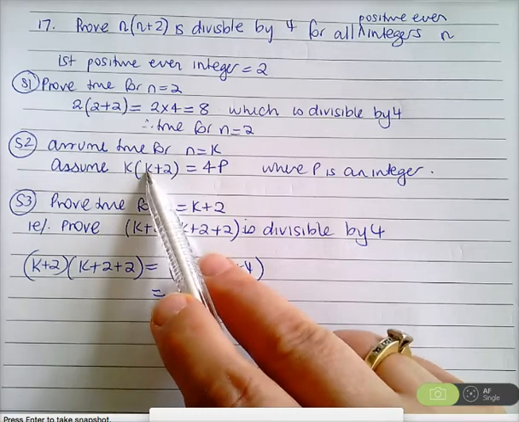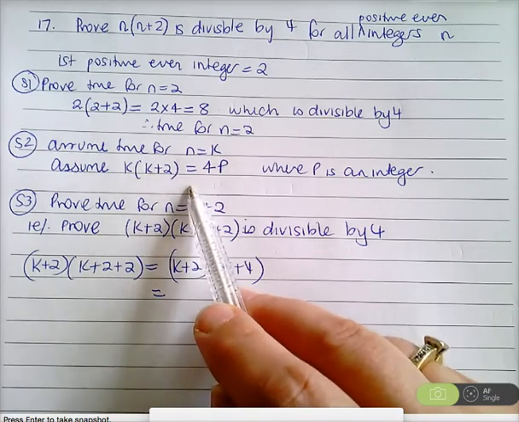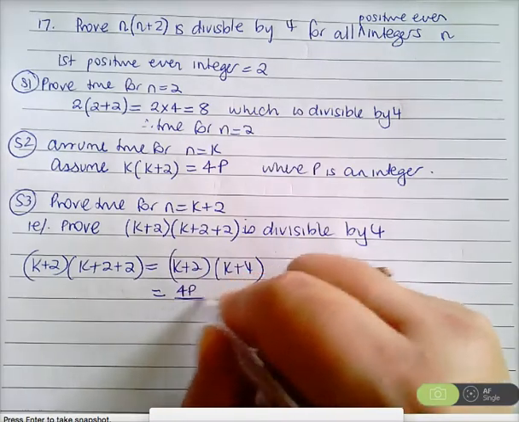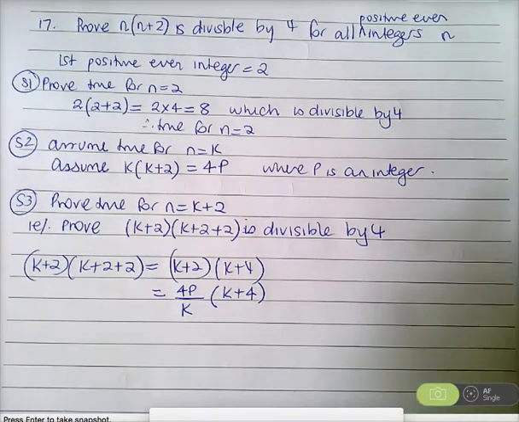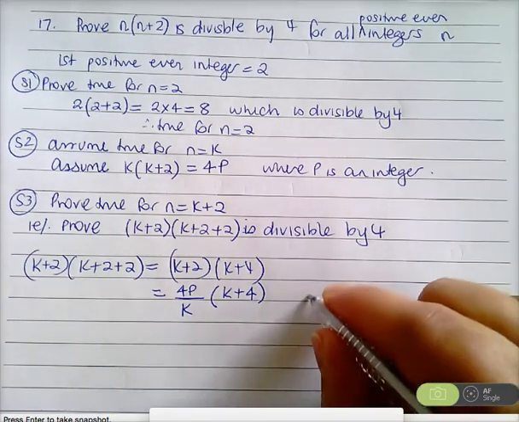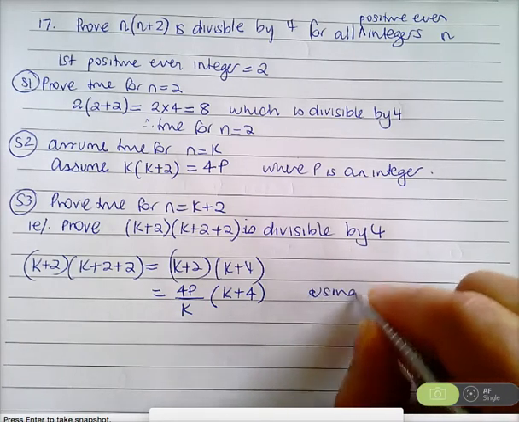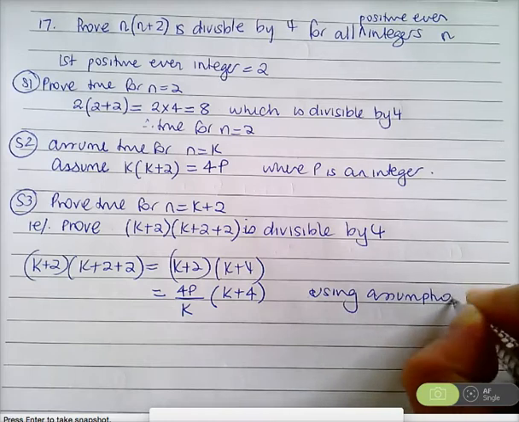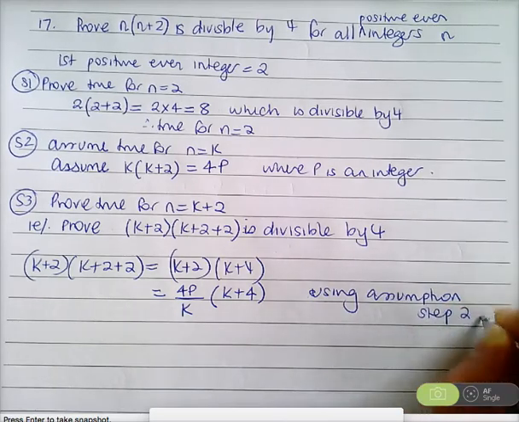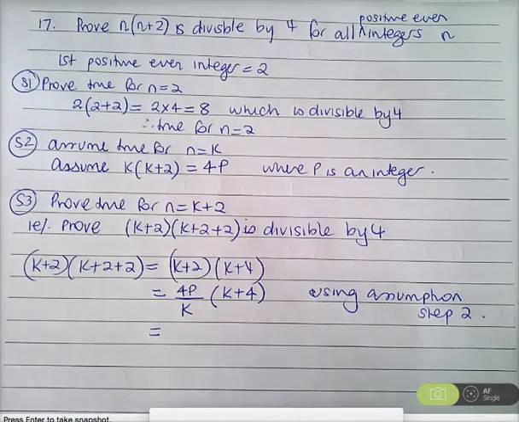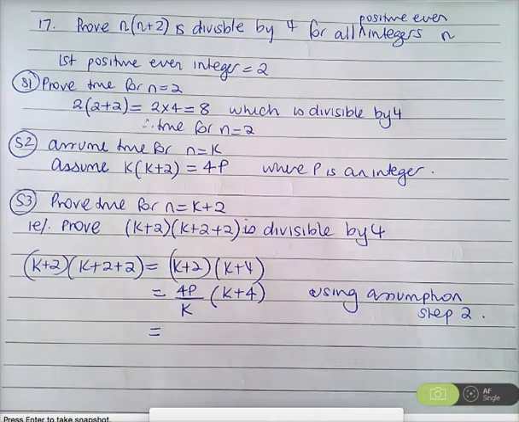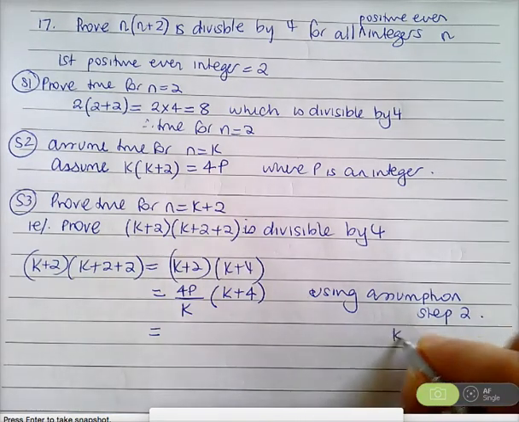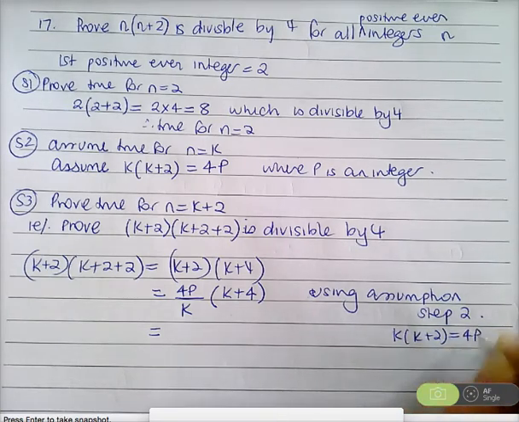So I suppose we can replace k plus 2 with 4p on k. You okay with that? Which is 4p on k bracket k plus 4. Because k bracket k plus 2 is 4p, so therefore k plus 2 is 4p on k.